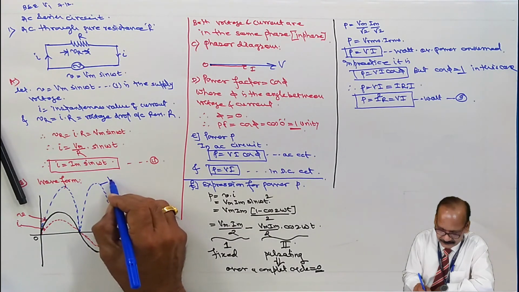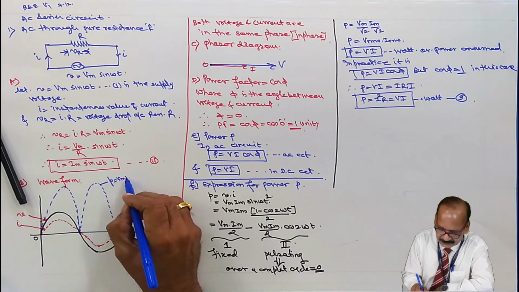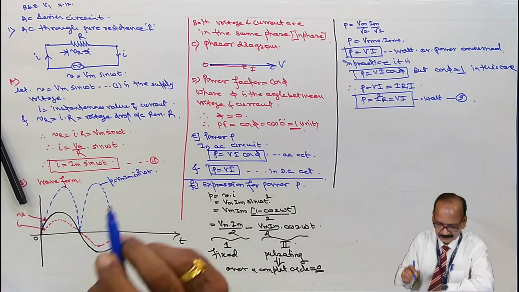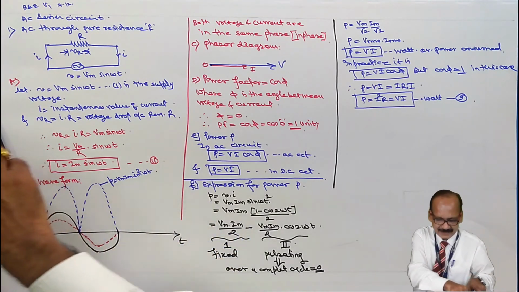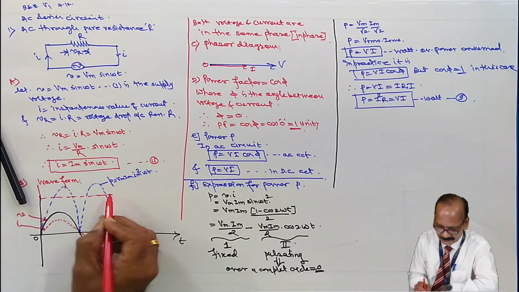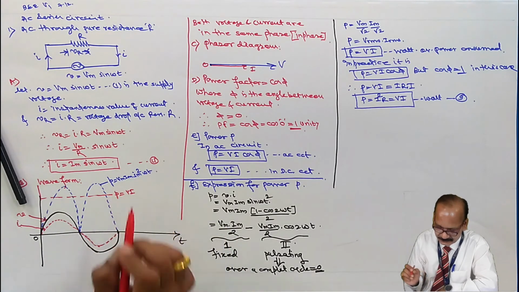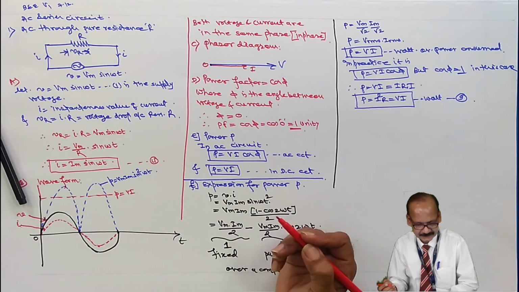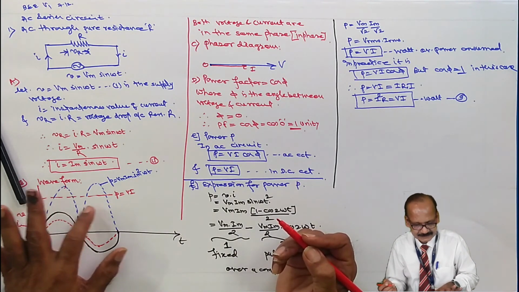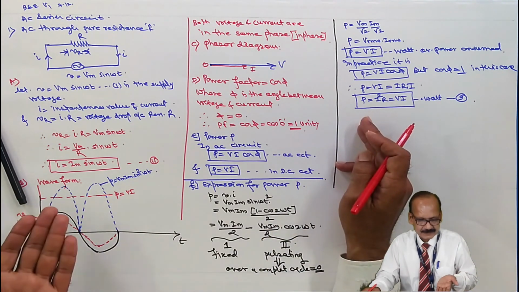This is p equal to V max I max sin squared omega t. But the average power is somewhere here. So P equal to V I, or V I cos phi. Now here, in both the half cycles, power is positive.